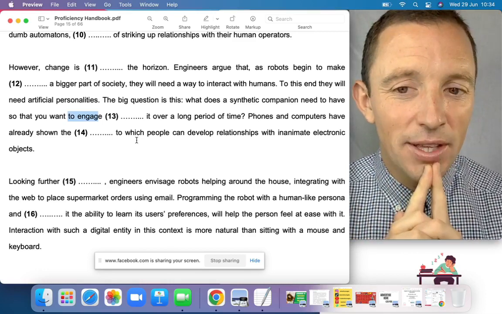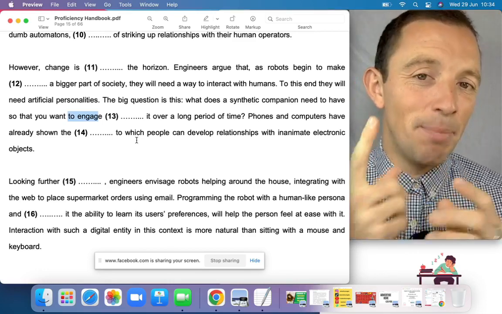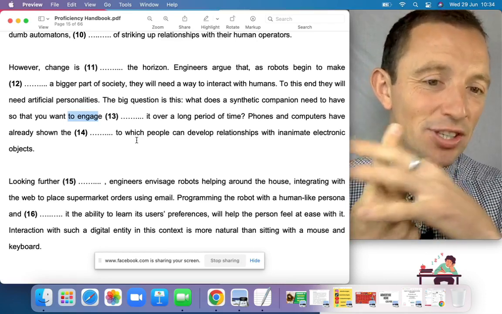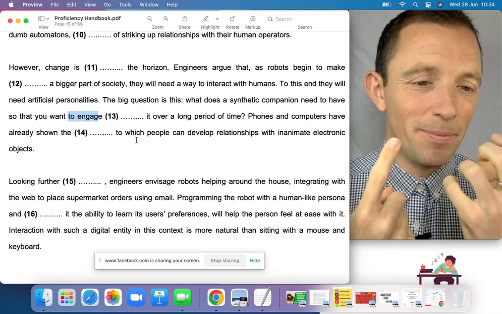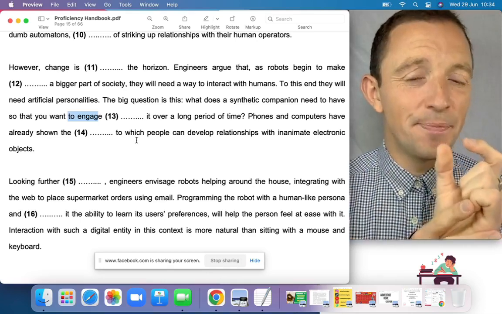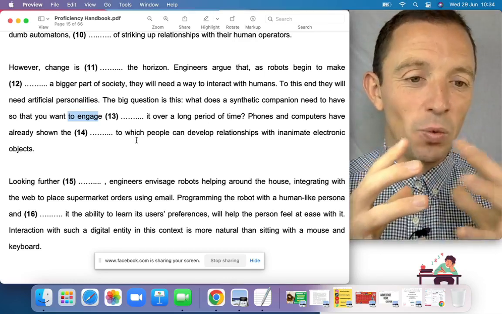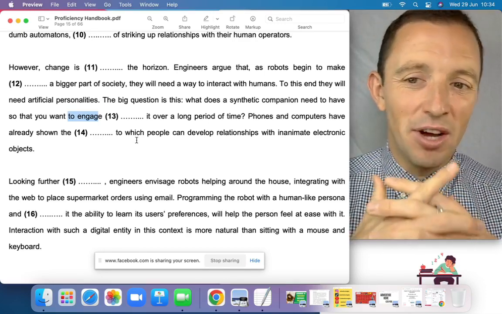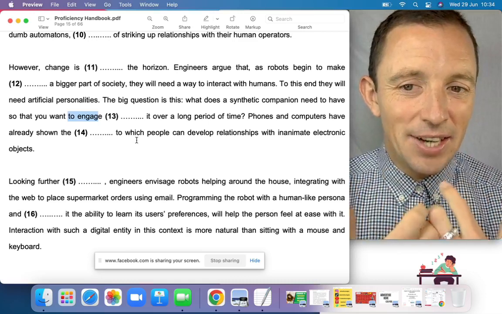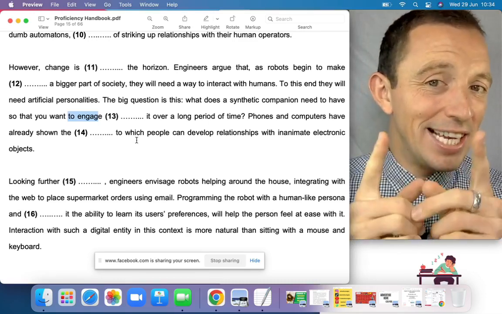However, the preposition in is not typical here, because a person, a human, engages with a robot. So very, very comfortably, the preposition with is also typical with engage. You engage with this person in terms of conversation, in terms of maybe activity. So engage in and engage with.